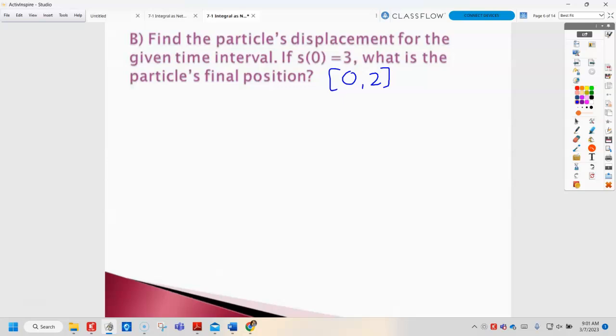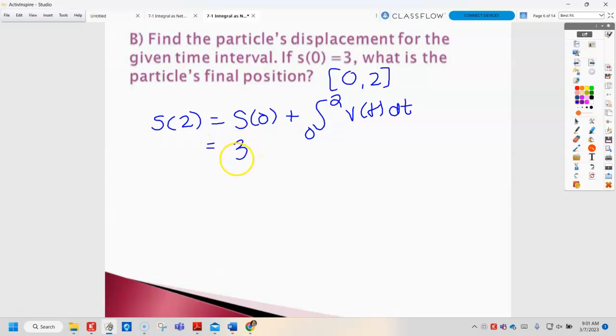So I am looking for s of 2 given s of 0 plus the integral from 0 to 2, and to get final position, we integrate velocity, and I was given velocity up above. Final equals initial plus change, or plus the integral of velocity.